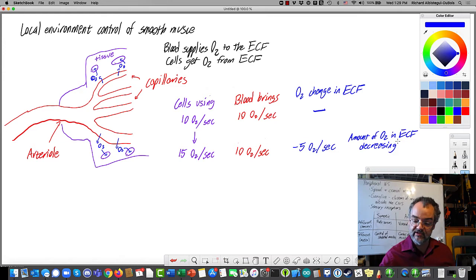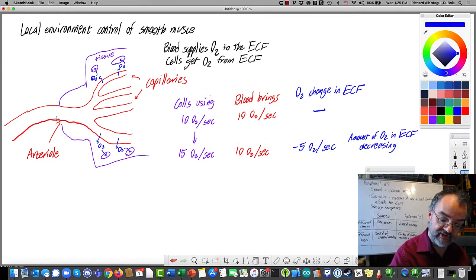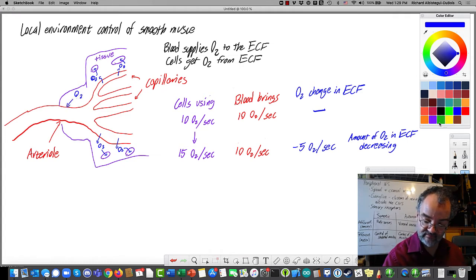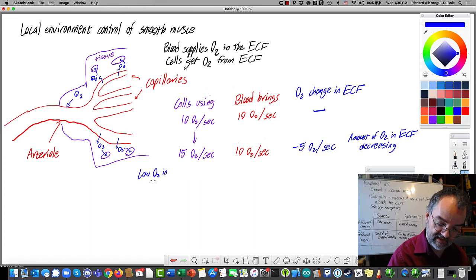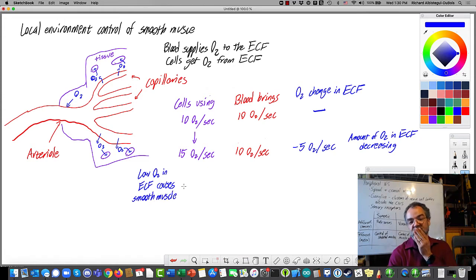So what we're going to do is have the smooth muscle in this arteriole respond to oxygen. So low oxygen in the ECF causes that smooth muscle to do something. Let's think about what we want it to do.